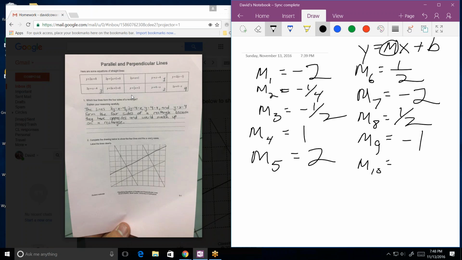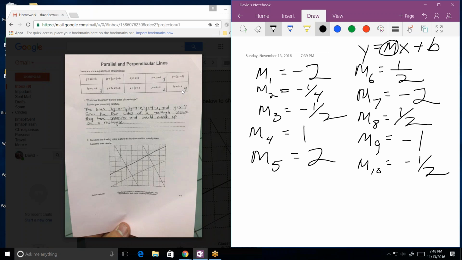We got to manipulate it a little bit. Negative 1/2. In other words, when I divide both sides by 2, I end up with 4 over 2 minus x over 2. Coefficient is minus 1/2. Okay. So those are the slopes of our 10 lines.